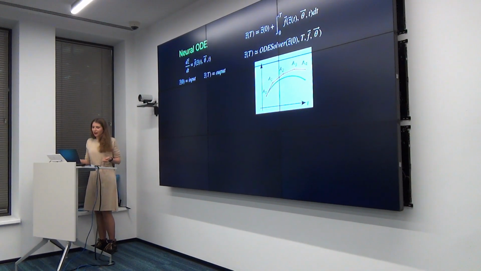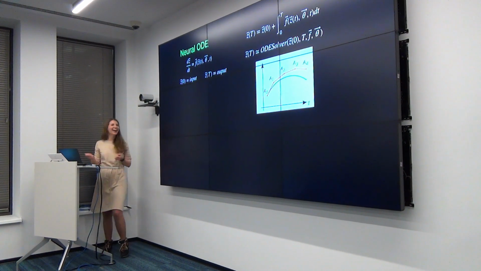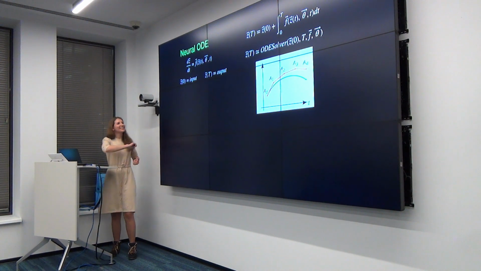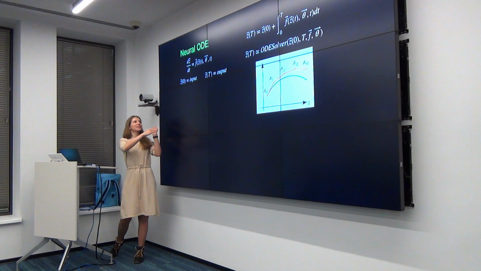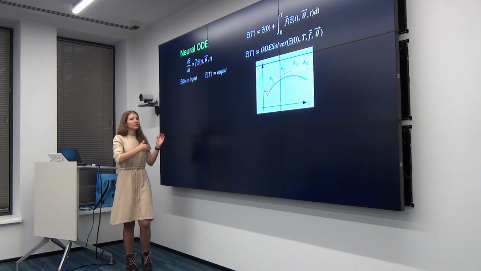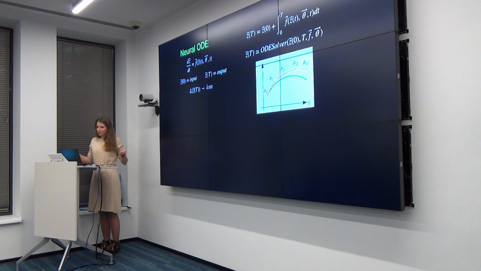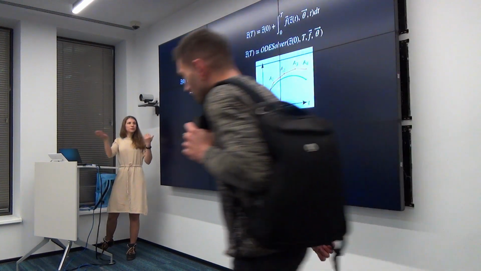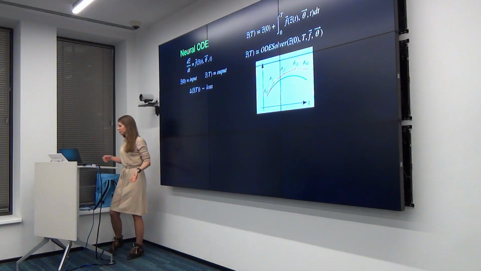And not quite too stable. For our neural ODE, Z of 0 is the input and Z of capital T is the output. We want to train our system somehow, so we introduce some loss which depends on the output of our neural ODE.